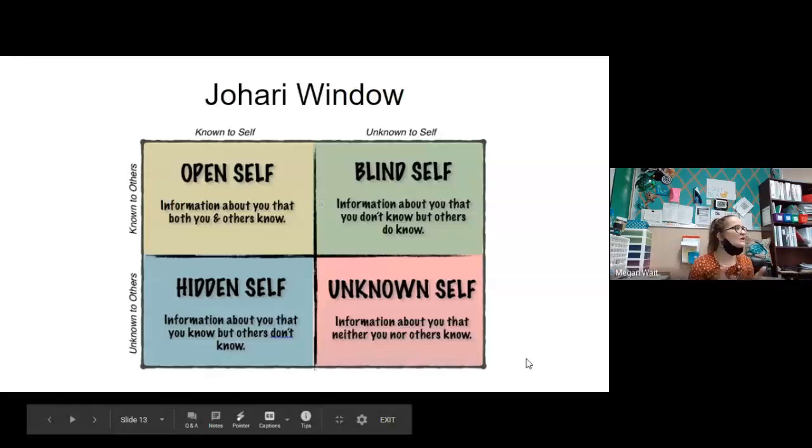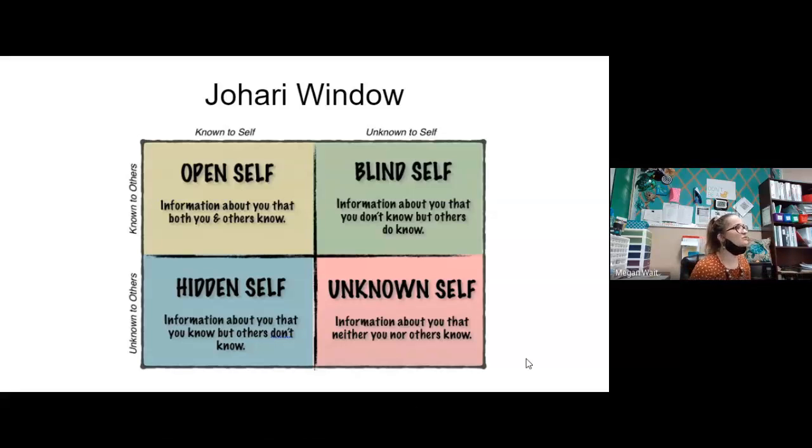Cool. All right. So now we're going to talk about the Johari window. This is going to be our second activity. Before we can do the activity, I need to explain it to you first. Think of it as a window, right? That first window pane says open self.